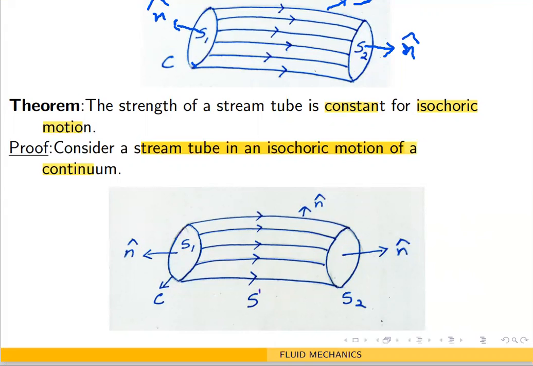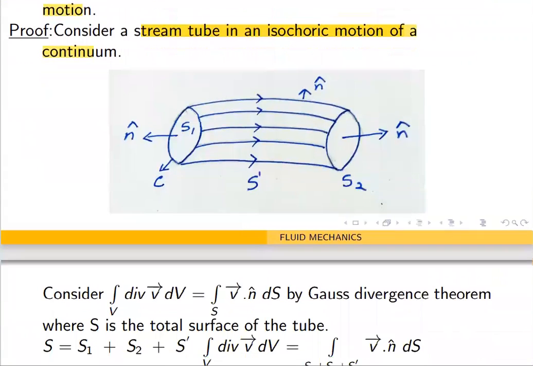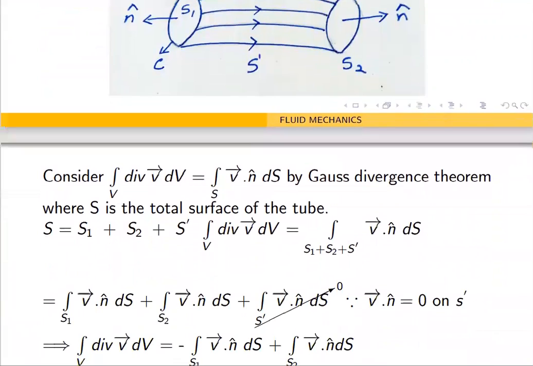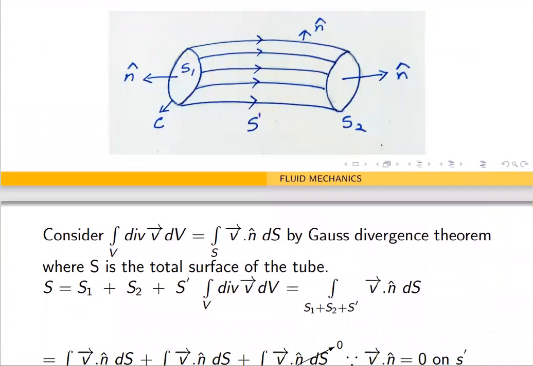Now, by the Gauss divergence theorem, a very important theorem, the volume integral of divergence V dV is equal to the surface integral of V dot n dS. This is the Gauss divergence theorem, the conversion of a volume integral to a surface integral.